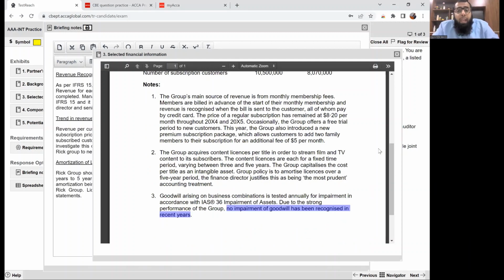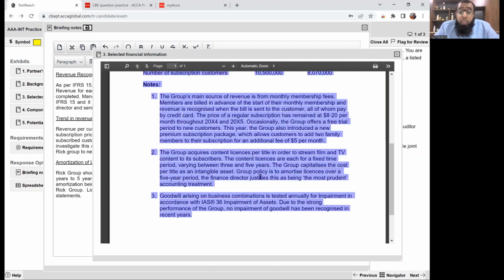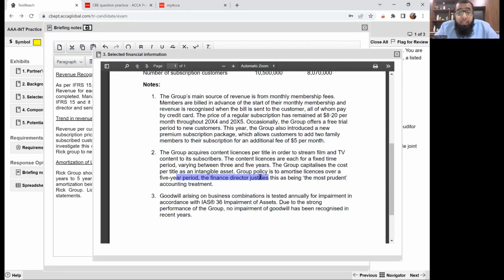Okay. Now we have one risk which we identified, which was in relation to the finance director. That the finance director of Rig Group has been imposing the limitation on scope, and he has been advocating the wrong accounting treatment at 2 instances, which was in relation to the amortization of the license, where he was saying that using the 5-year life was the most prudent treatment.